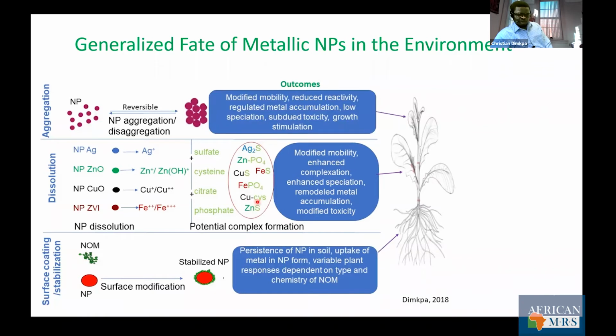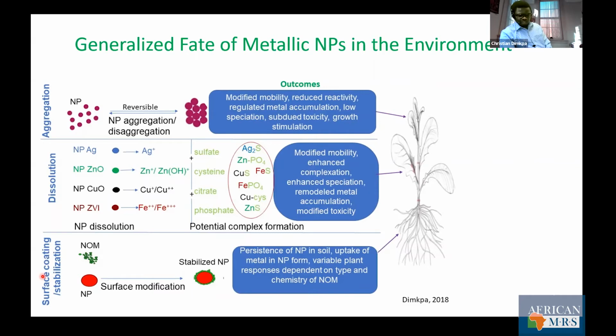All of these compounds have different reactivities compared to original compounds, compared to the dissolved ion, and compared to the original particles. Therefore, you have modified effect just like you have in the case of aggregation. And these effects can be enhanced, they can be diminished, depending on the chemistry in the soil and how they interact. And the last phase will be surface coating, which is essentially to stabilize the particles.